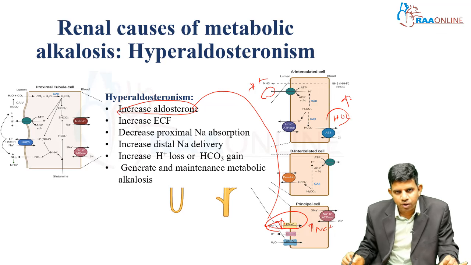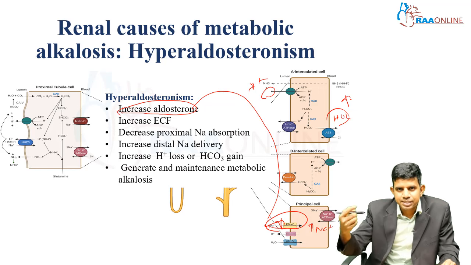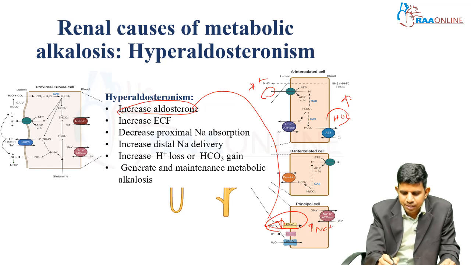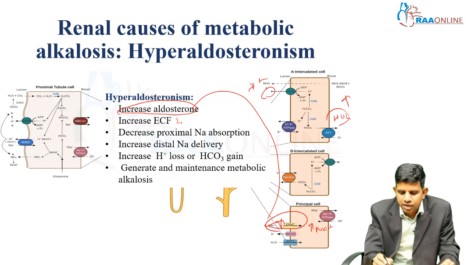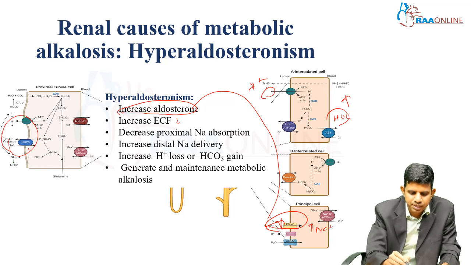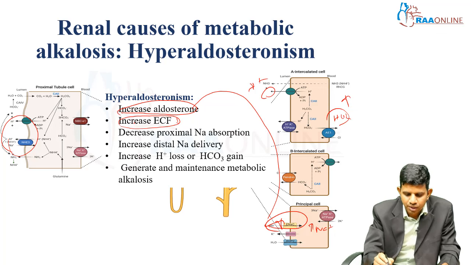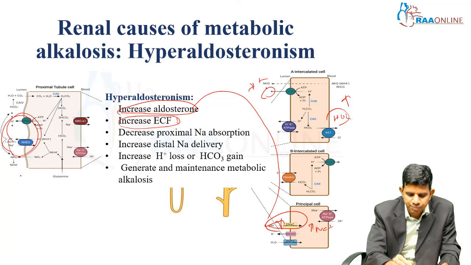What happened here? In a contraction and hypovolemic condition, the ECF volume will be low, so proximal sodium absorption will increase. Here, the ECF volume is higher than the normal range, so proximal sodium absorption will be low.